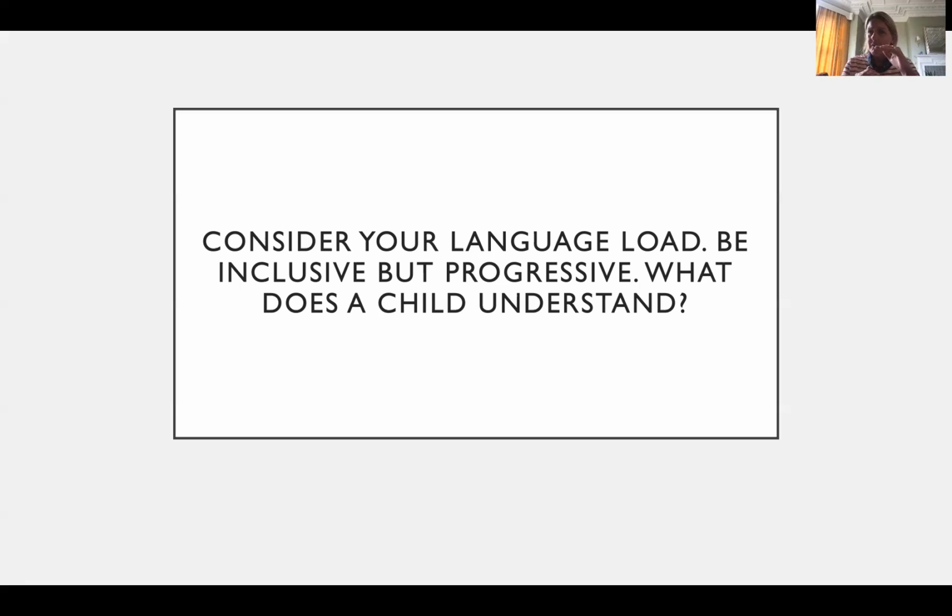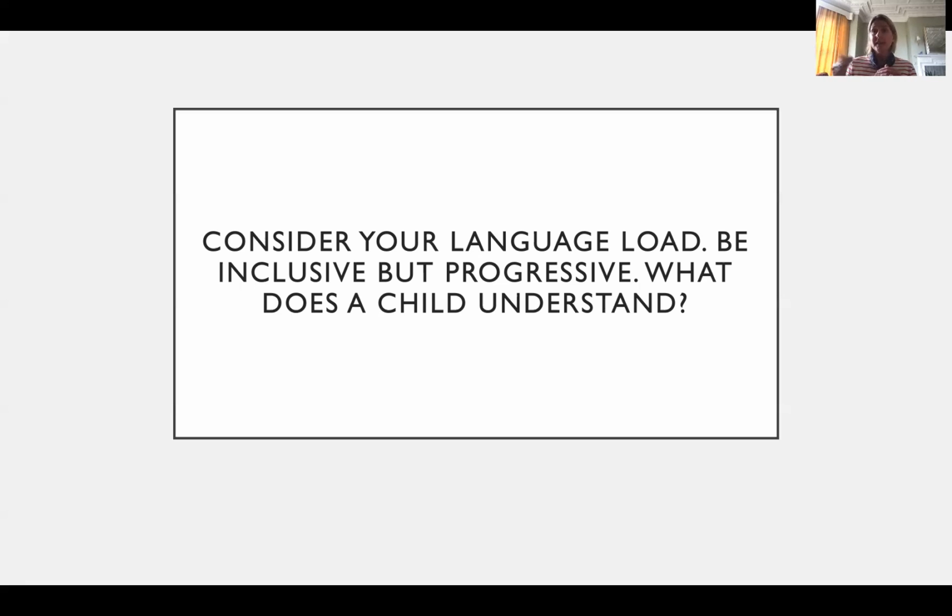If I simplify my language too much, I'm going to have a successful interaction. They're going to be able to process the language that I am using. But because I've gone too far back, what I'm not doing is building their capacity to begin to hold more words and hold more language within their language processing.